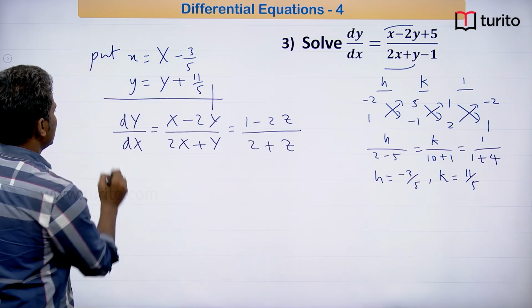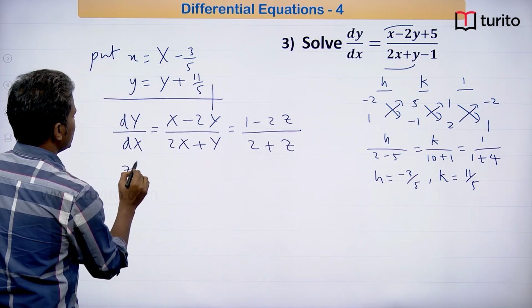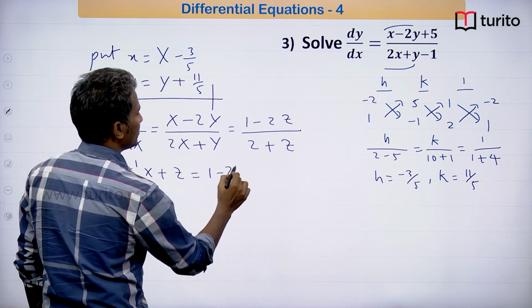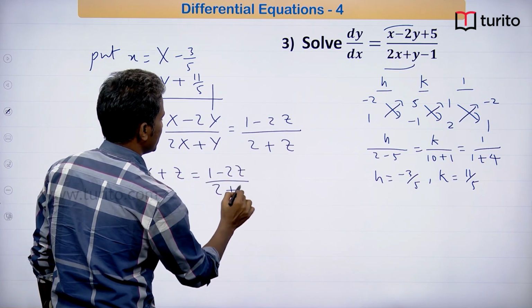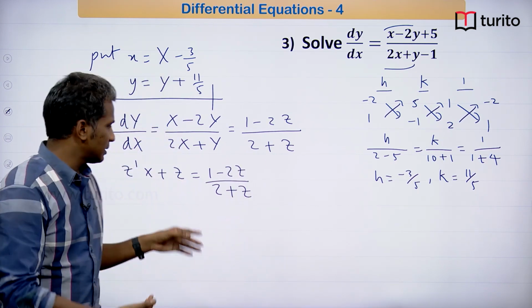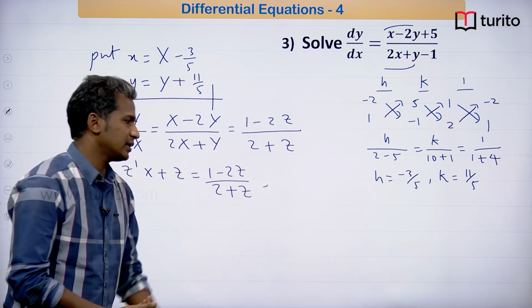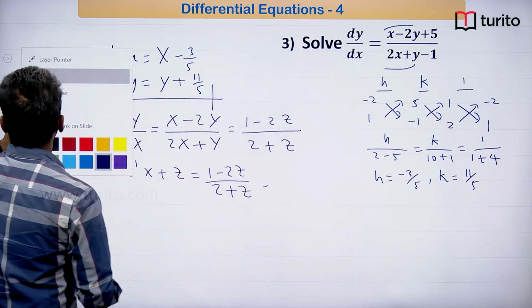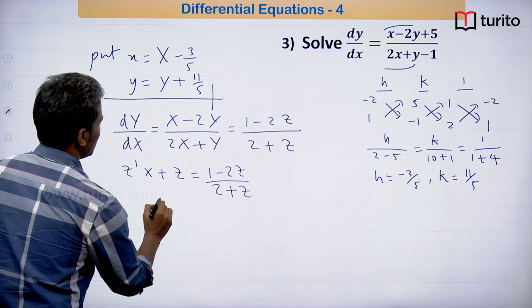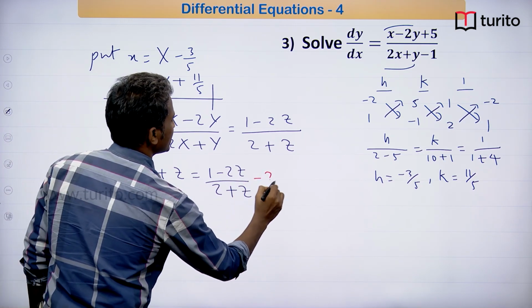What about the LHS? It is going to become z dash into x plus z, that should be equal to 1 minus 2z by 2 plus z. This is the process. Now what is the next step? Of course we have to subtract z here. So I'll put minus z here and also minus z here.